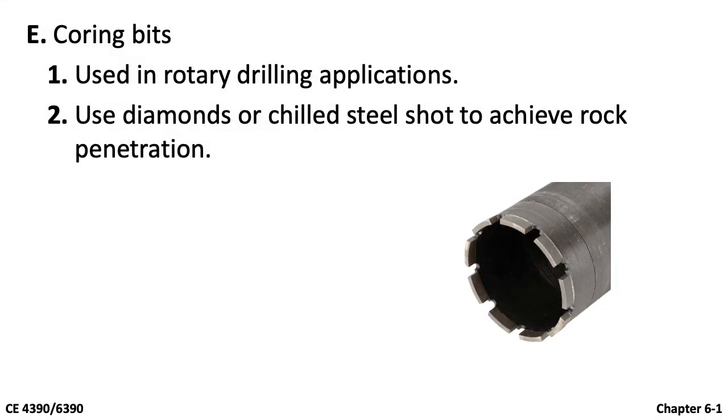For rotary drilling, sometimes we use coring bits if we need to collect a material sample. This type of bit uses diamonds or chilled steel shot to penetrate rock.